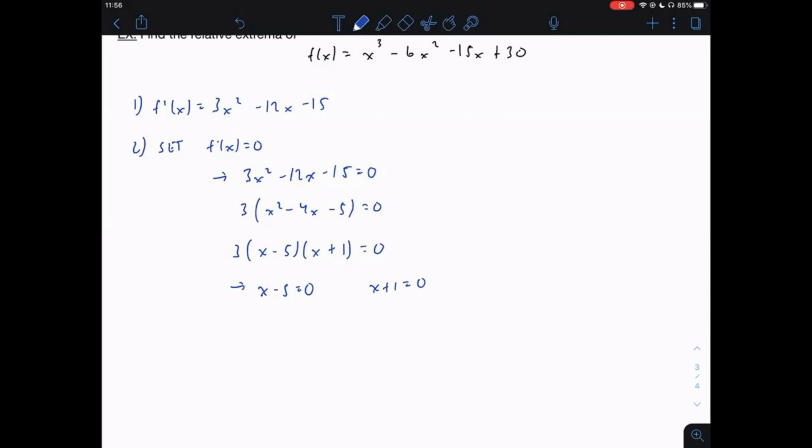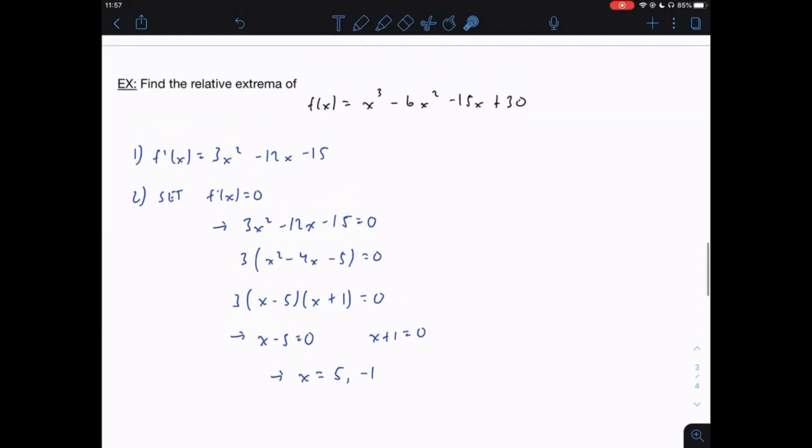And solving for x, for each of these two equations, we have that x is going to equal 5 or -1. Meaning that if we plug in 5 or -1 into our first derivative, it's going to give us 0. Meaning at these two x coordinates for the original function, the slope will be 0.